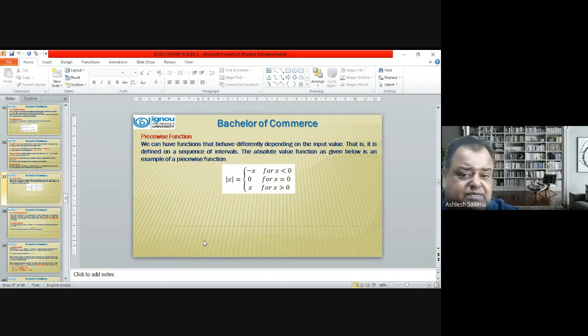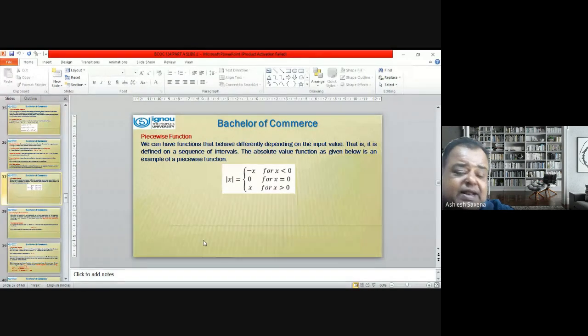Then comes your piecewise function. Piece means from our data, we will be taking small conditions. We have functions that behave differently depending on the input value. That is, it is defined on a sequence of inputs. The absolute value function given below is an example of a piecewise function. That means we have mod of x, which is defined by three conditions.